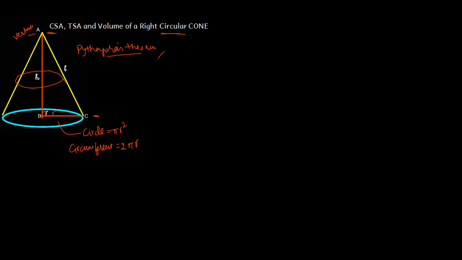Now what we'll do is, if I have taken this as a cone, I'll cut this somewhere. So if I cut it and open, how will that look like? It's going to look like this.